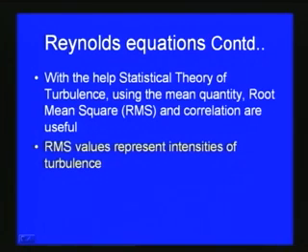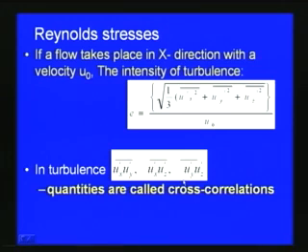So, this root mean square values represent the intensities of turbulence, as we have already seen. So, the statistical theory based upon the correlations or the RMS or the mean quantity we can utilize. We have already seen the intensity of turbulence is expressed as E is equal to square root of 1 by 3 of u x dash bar square plus u y dash bar square plus u z dash bar square, divided by u 0, where u 0 is the mean free stream velocity.